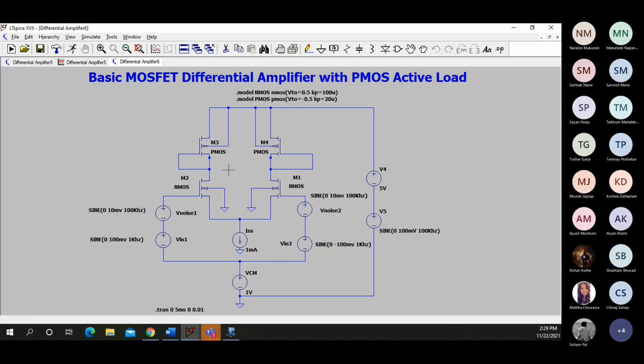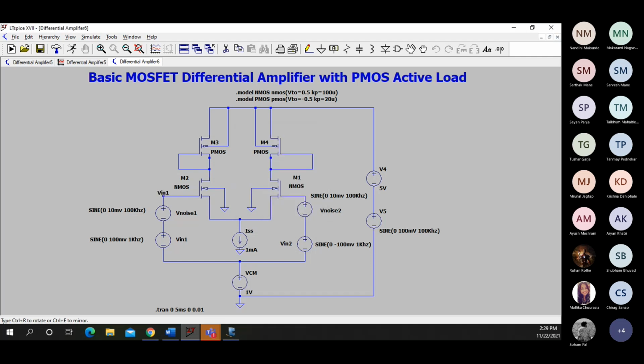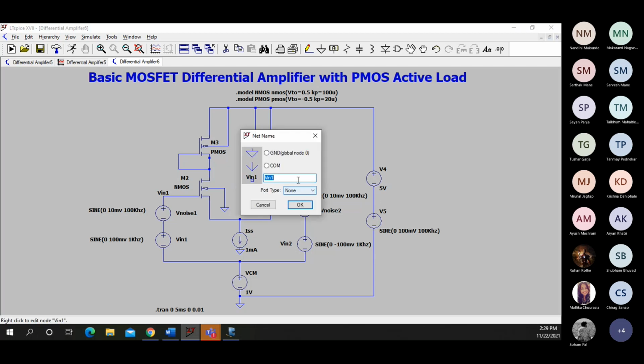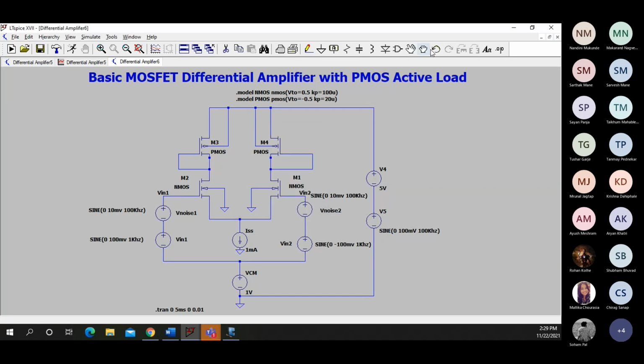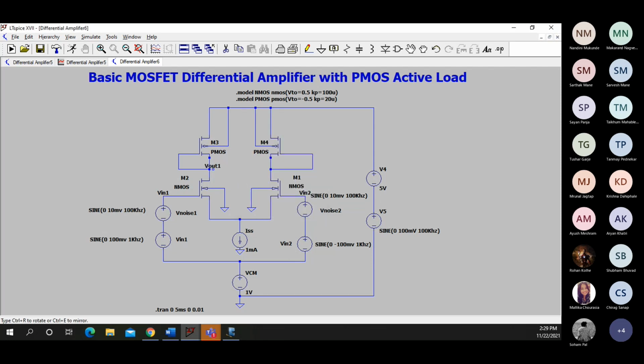Now you remove that resistance and again see what is the input and the output. And then we have Vout, and here we have Vout too.